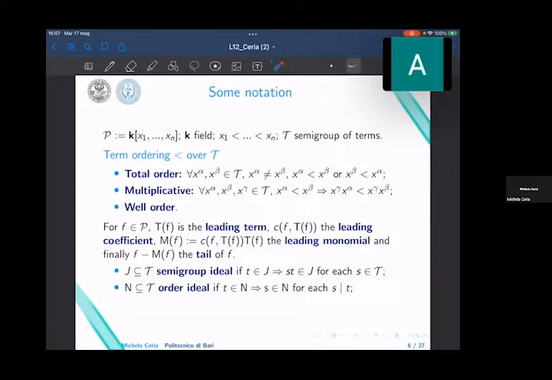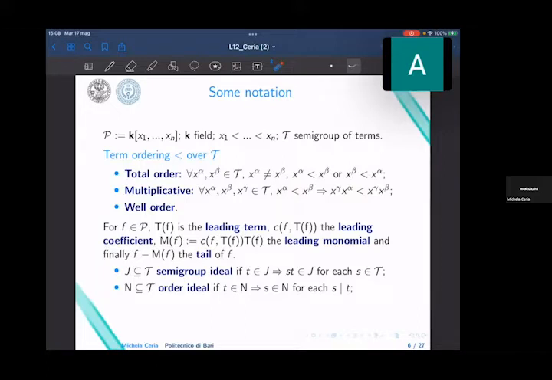On this you can define a term ordering, that is an order on these monomials that is a well order. It is a total order and it is multiplicative. What does it mean? It means that if you have an inequality of this kind and you multiply both sides by the same monomial, so for example, here I multiplied by x^gamma, the inequality is preserved.